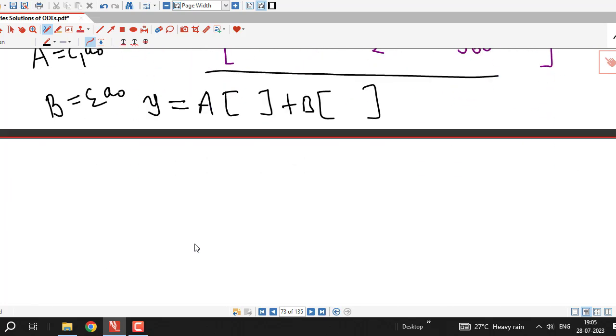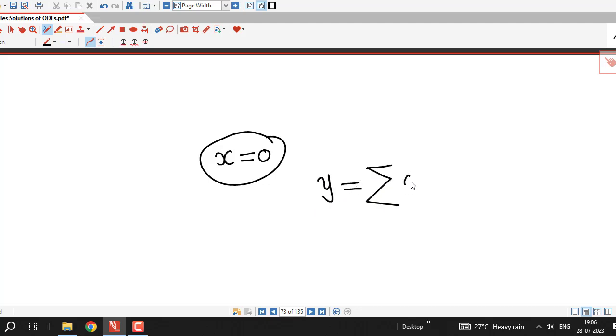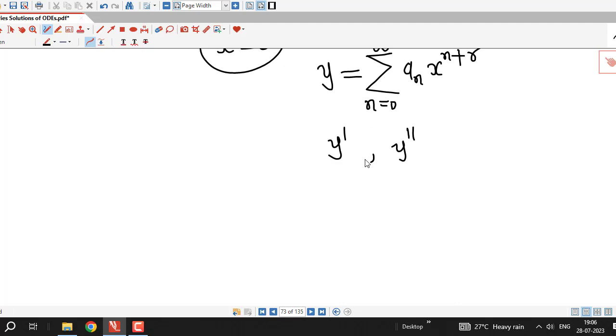So this is a very big problem, but be careful. You have to start by showing that x equal to 0 is a regular singular point of the given differential equation. Therefore the Frobenius method can be applied, and the series solution is in this form: Σ a_n x^(n+r), n equal to 0 to infinity. Then you find out the values of y′, y″, and substitute them into the given equation.